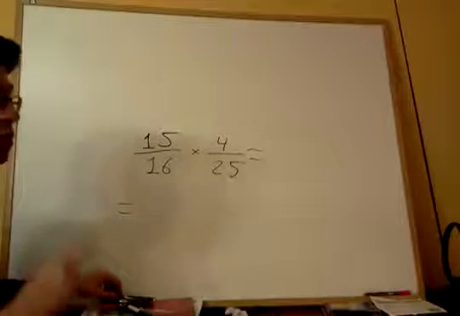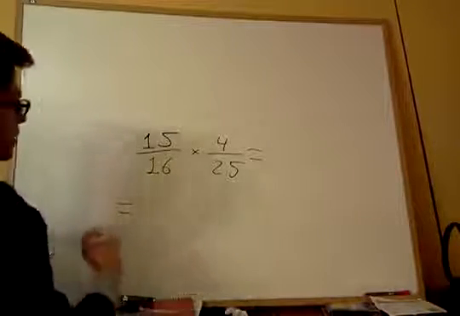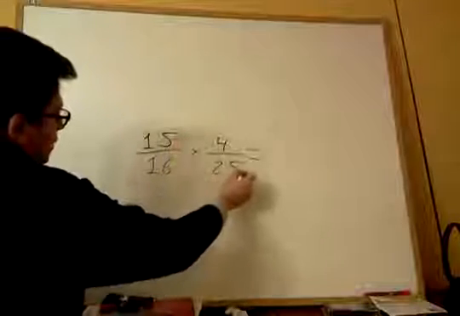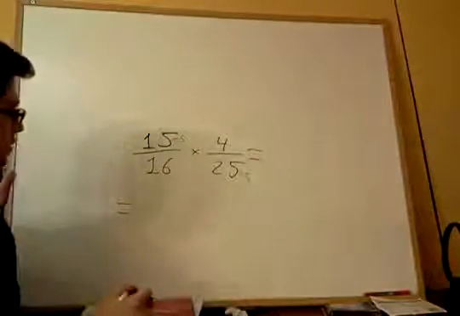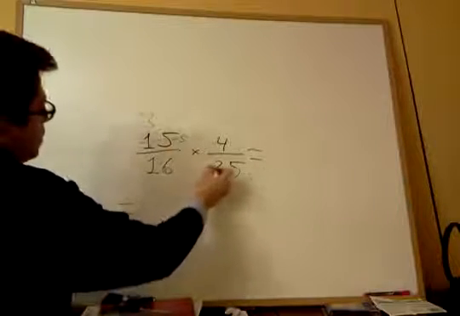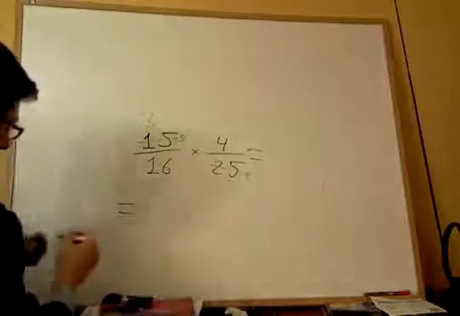Okay, let's reduce before we multiply. 15 is divisible by 5. 25 is also divisible by 5. 15 divided by 5 is 3. 25 divided by 5 is 5.